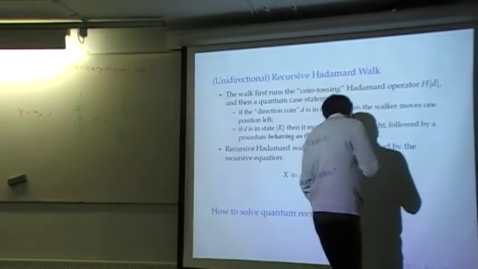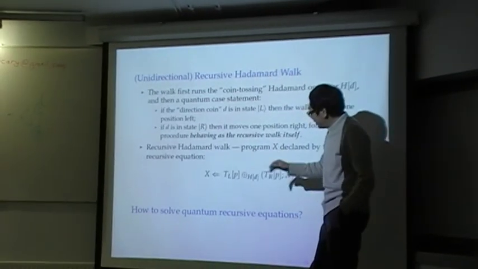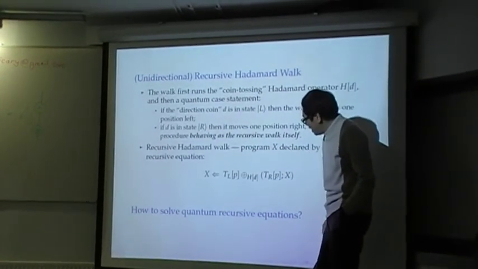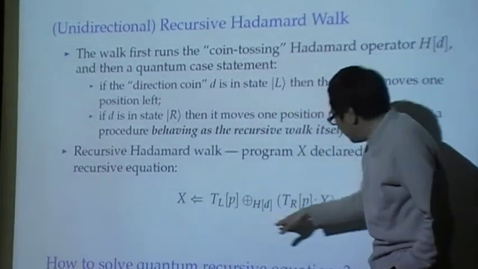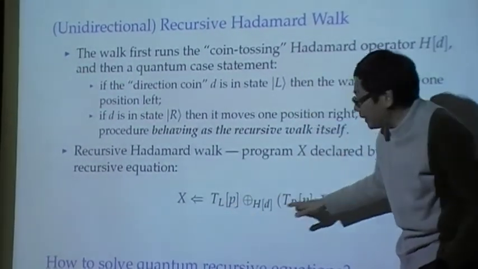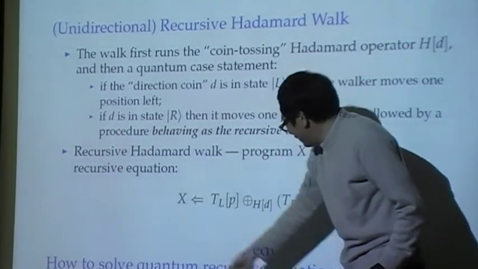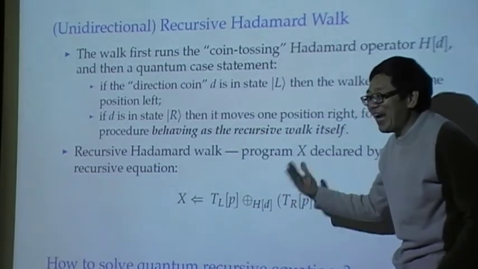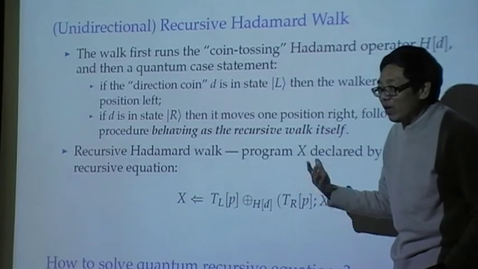Then, of course, we can have a kind of fixed point theorem, but not exactly the same as in the classical case, because if you don't change the right hand side, then you need to change the left hand side a little bit, because here we need to create a new coin.